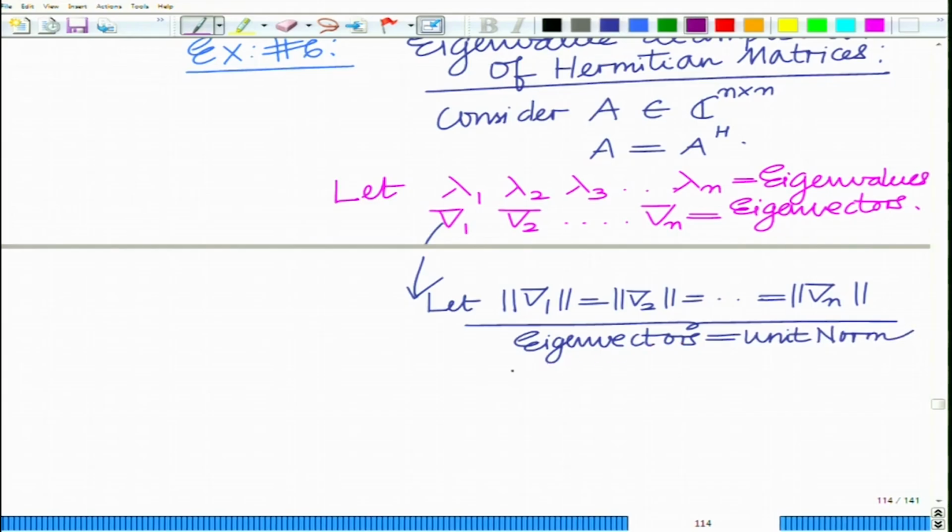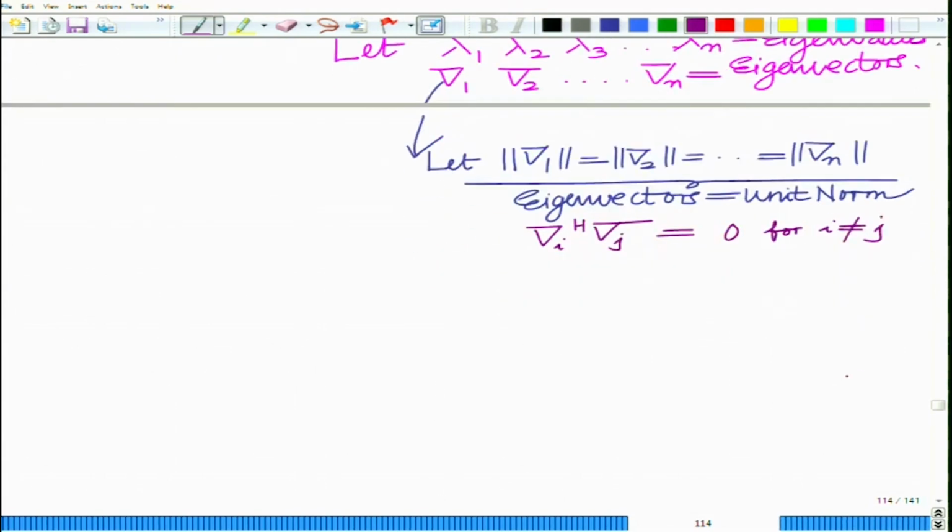And further, from the property previously, let us assume that the eigenvalues are distinct, which implies Vi bar Hermitian Vj bar equals 0 for i not equal to j, that is, if the eigenvalues are distinct, then the eigenvectors satisfy Vi bar Hermitian Vj bar equals 0.